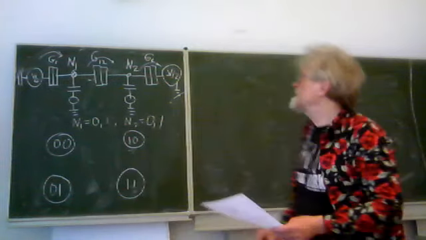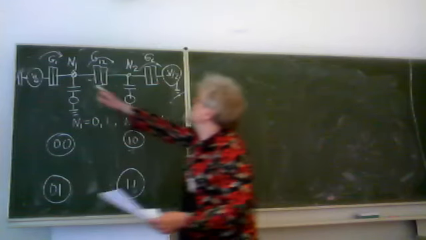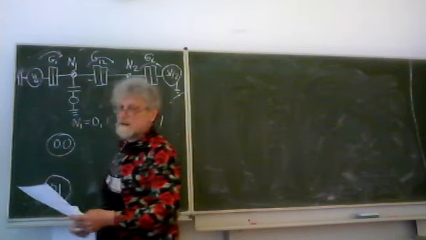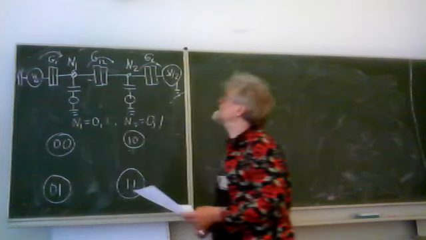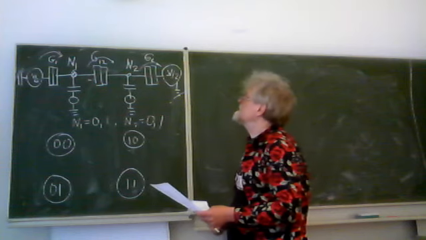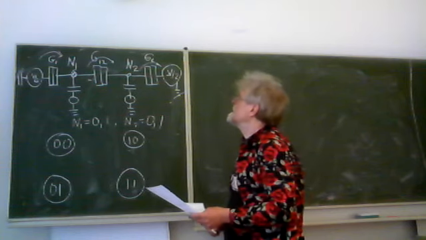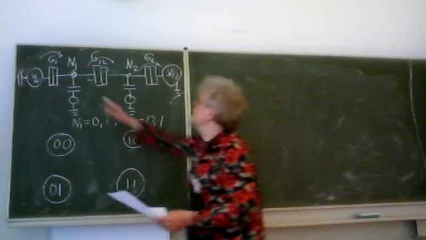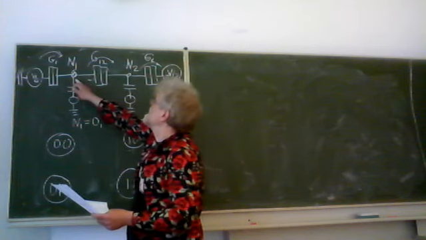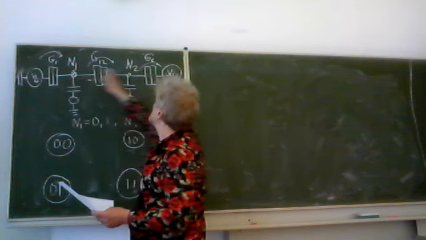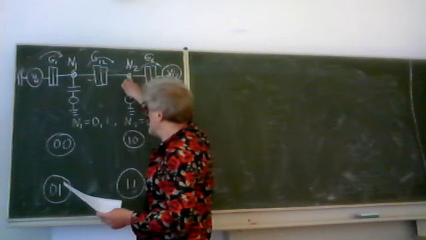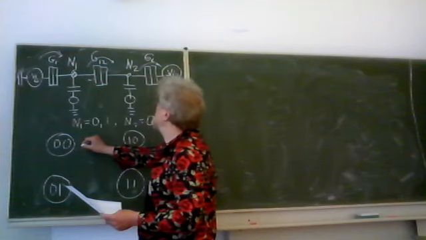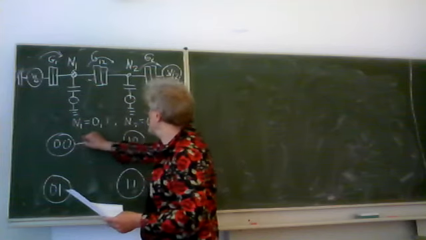Let's see, what do we do? What does this transfer provide in terms of transitions? So this G1 will go when N1 is 0, irrespective of N2. And it will add 1 electron to the left.